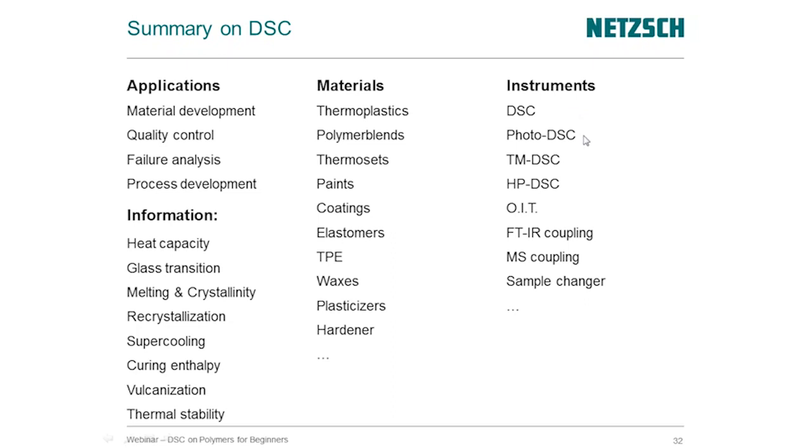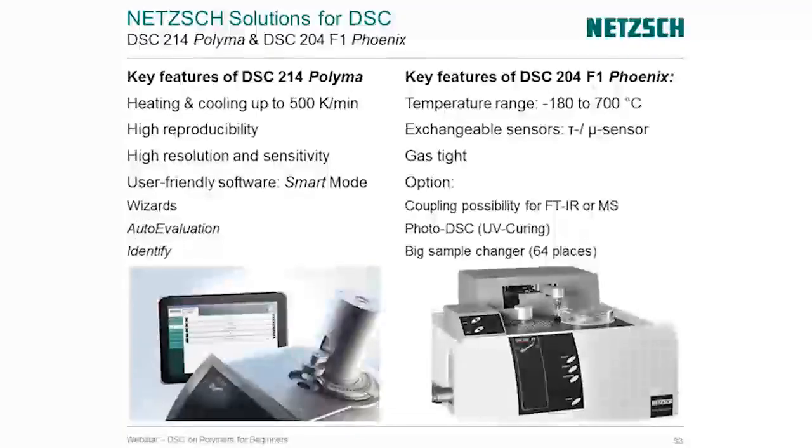Remember, we talked a little bit about UV curing, so we have a photo DSC, temperature modulated or TMDSC, high pressure DSCs to look at reactions under high pressure conditions. We also talked a little bit about oxidative induction time, things like wire and cable. We can couple those DSC instruments to FTIR to look at gases that come off, also mass spectrometer coupling, and then finally auto samplers for multiple samples.